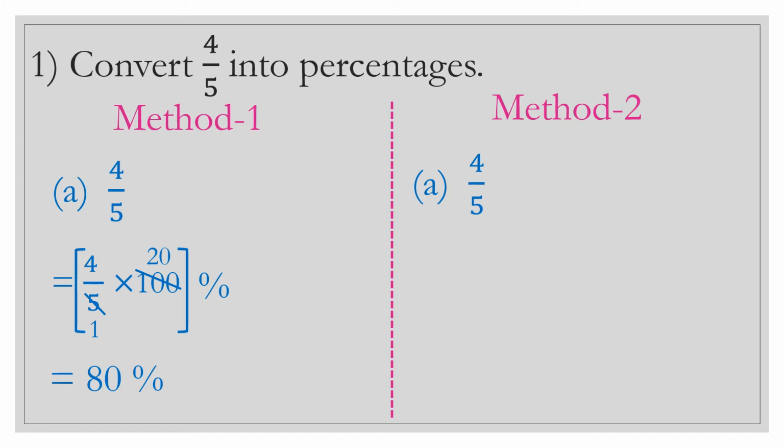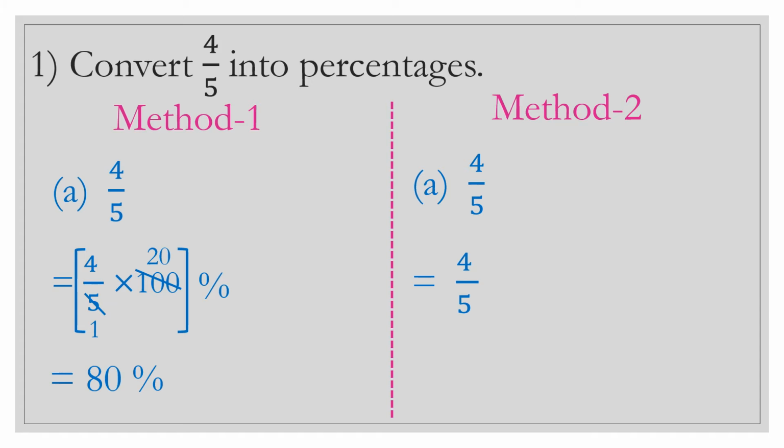Let us solve the same question by second method. Convert a fraction into an equivalent fraction with denominator 100. That means we want 100 in the place of denominator. But in 4 upon 5, denominator is 5. Now tell me, which number will you multiply by 5 to get 100 in the place of denominator? Yes, 20.